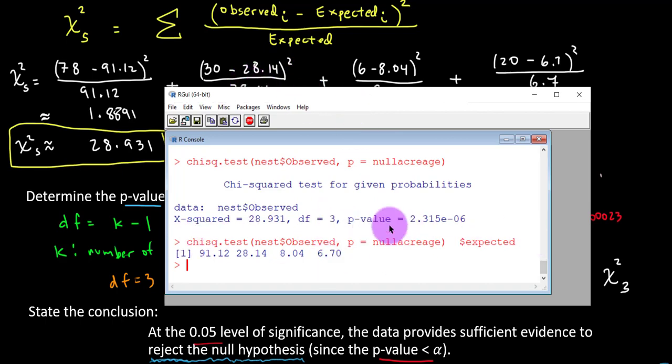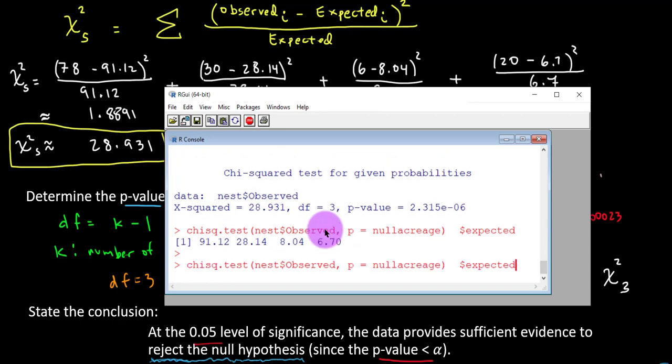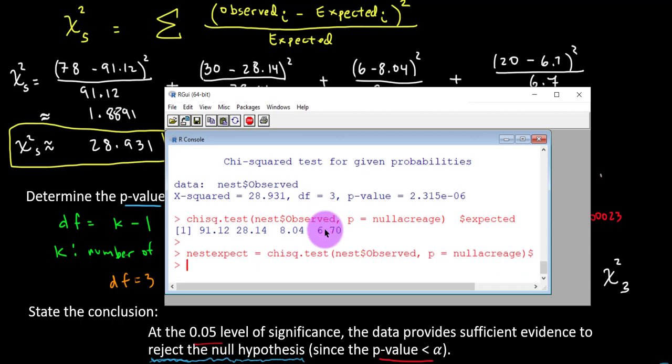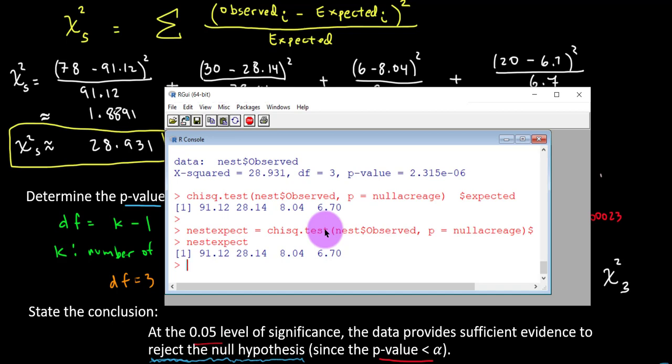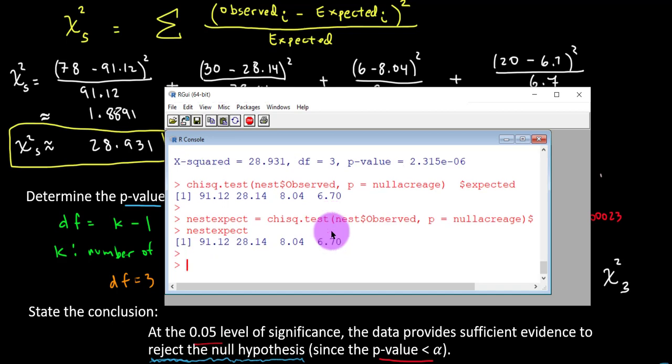I'm going to need these expected values, but I don't want to type all this every single time. So I'm going to call this nest.expect. And now I've got these 4 expected values in a much smaller vector. And we know what the observed values are.